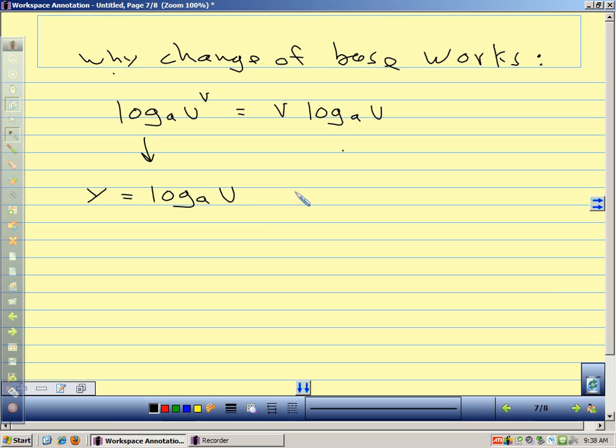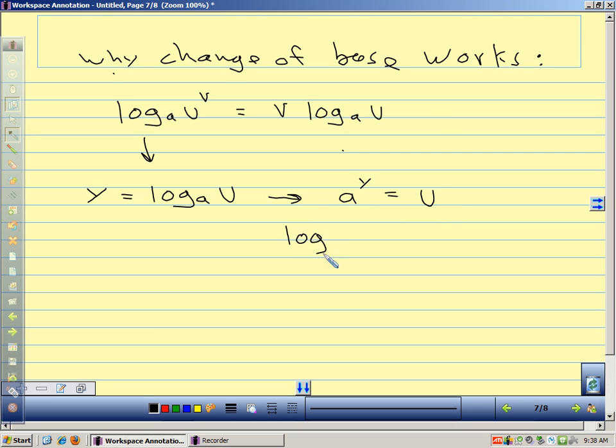I'm going to rewrite this in exponential form. a to the y equals u. Now I'm going to take the natural log or the log base 10 of both sides.